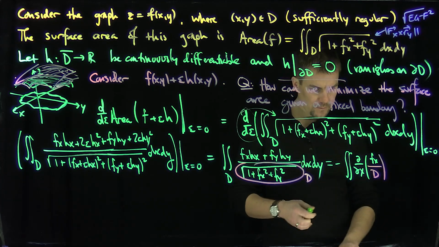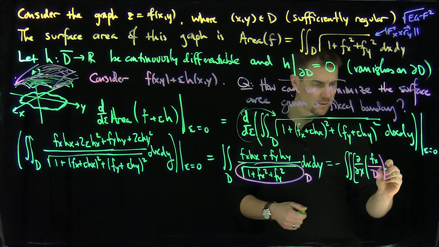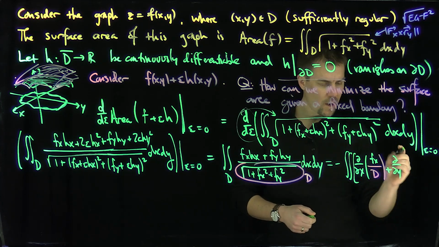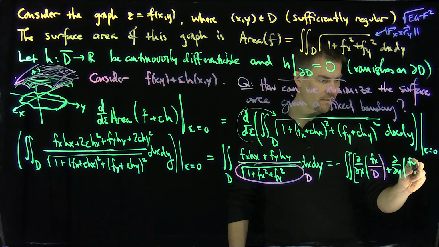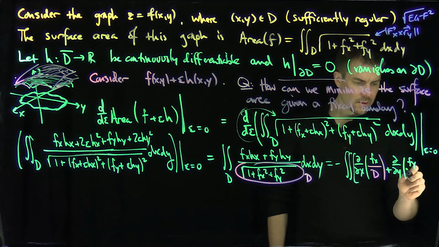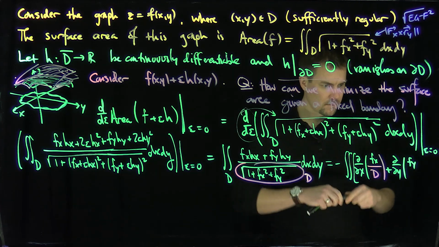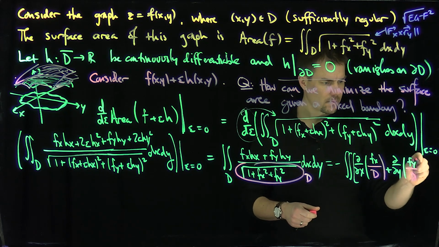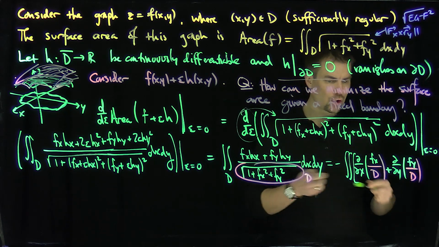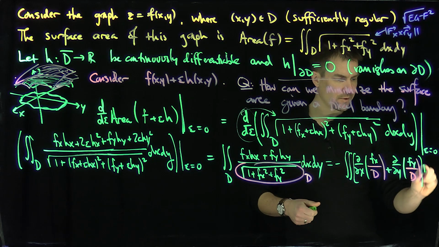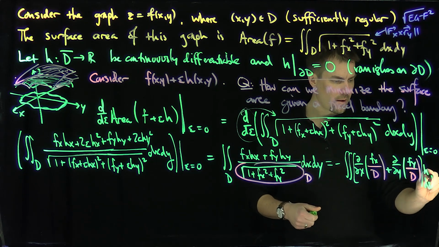And then plus partial y of fy over D. And these things are all hit with h by integration by parts, then dx dy.